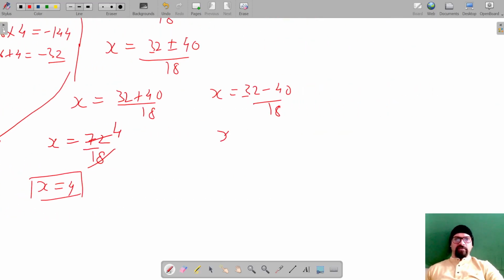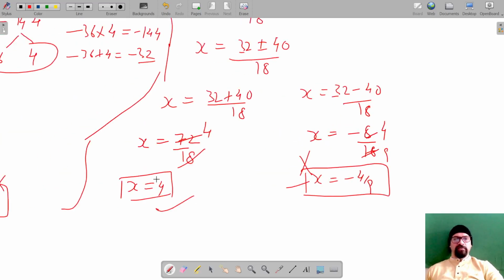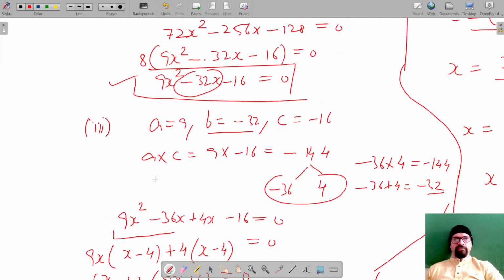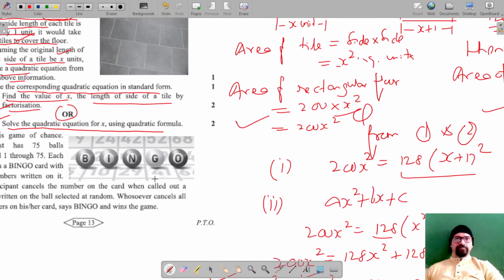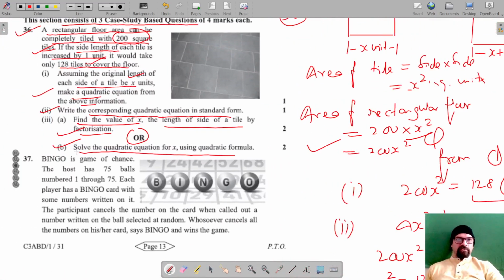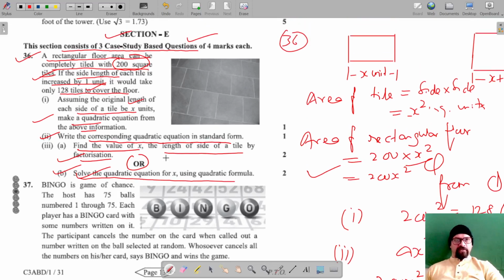In the other case, 32 minus 40 is minus 8 by 18, which is minus 4 by 9. This is a negative value, so we are going to reject this. So our answer is x is equal to 4, and this is solved using the quadratic formula. Thank you for watching.